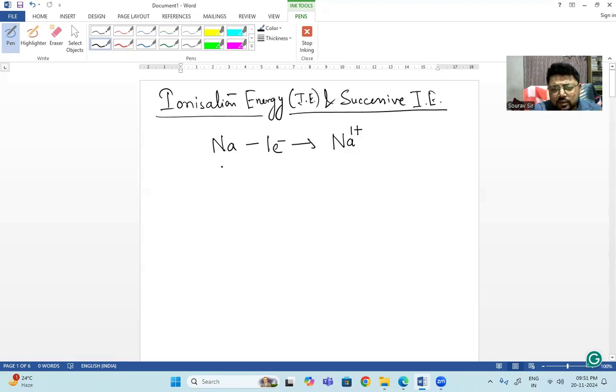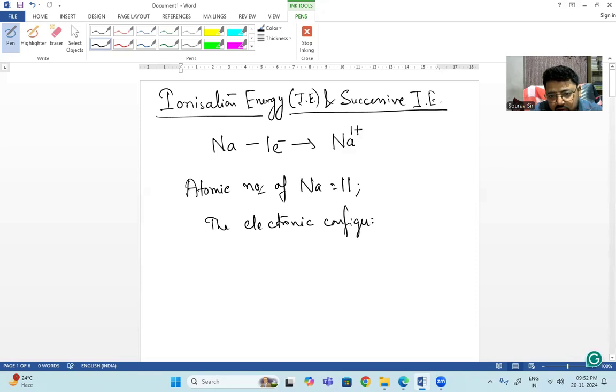So if we see the electronic configuration of sodium, then we will find out what this first ionization energy will look like. The atomic number of sodium is 11, so the electronic configuration will be 2, 8, 1.